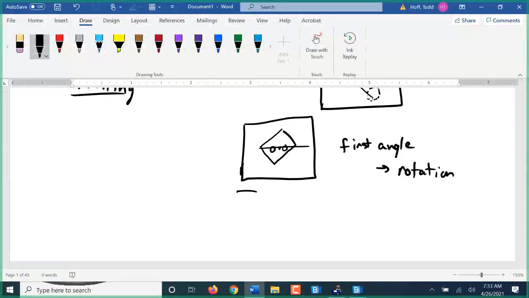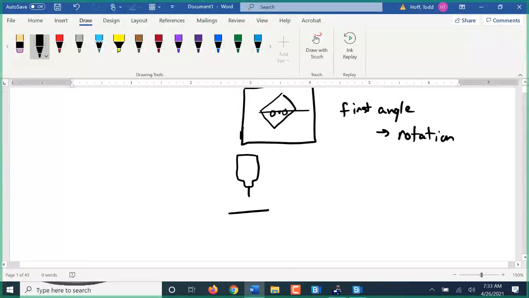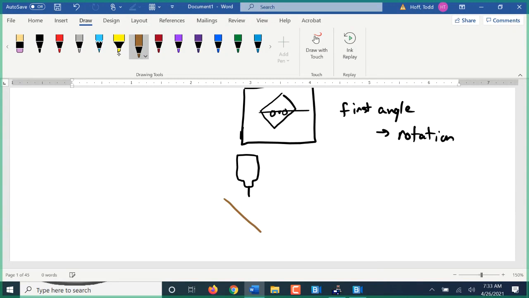So if you're looking at your drill press from the front, the second thing you have to do is tilt that table so that now that entry hole and the exit hole are straight up and down from each other. That angle there is your second angle. That's going to be called a tilt.